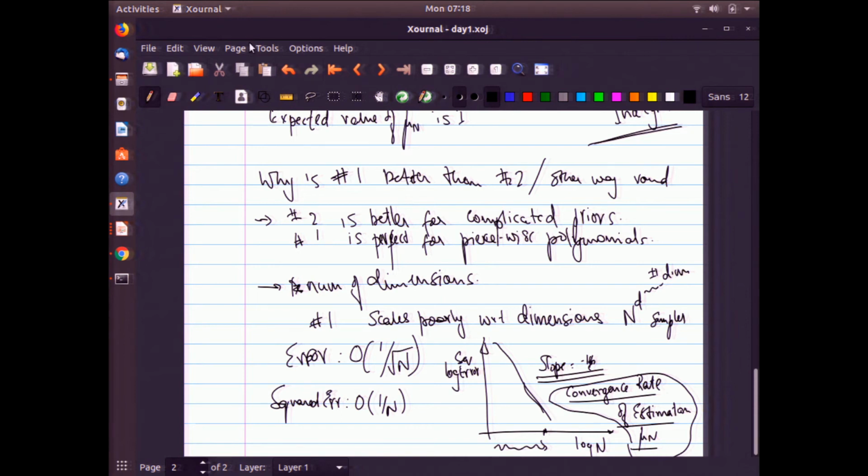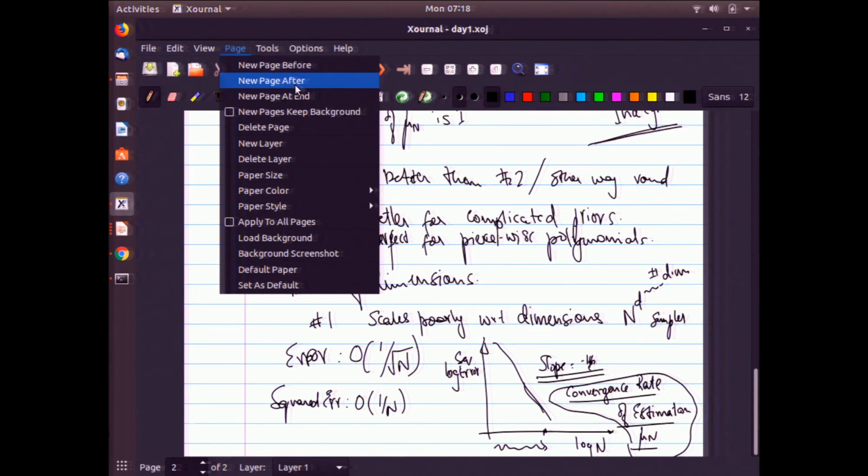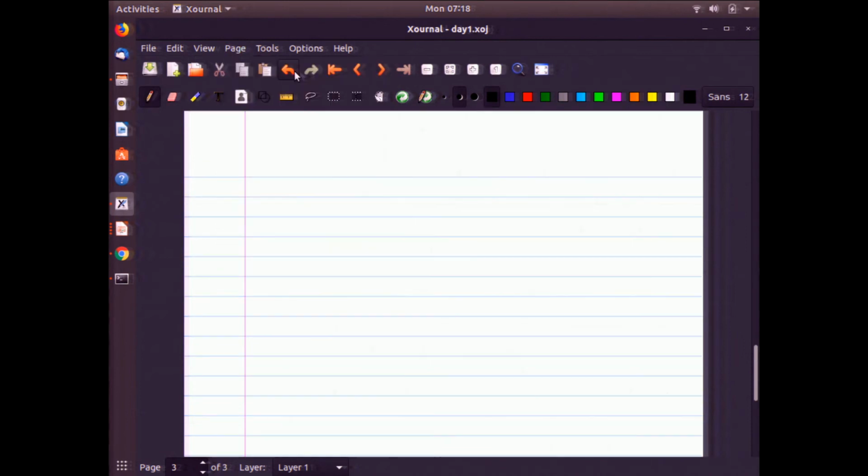This is relevant because once I have many strategies, I may see that this is estimator A, estimator B. I'm plotting log error or squared error, whichever one you want.